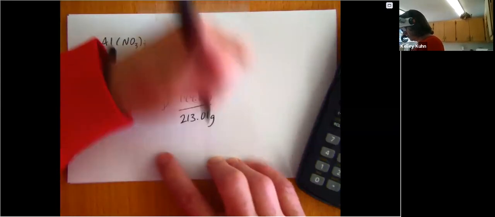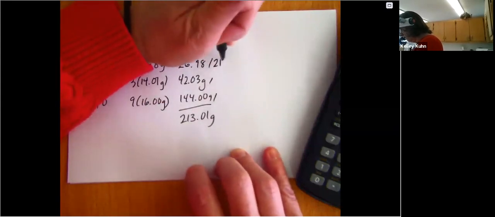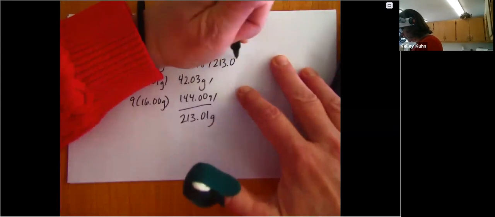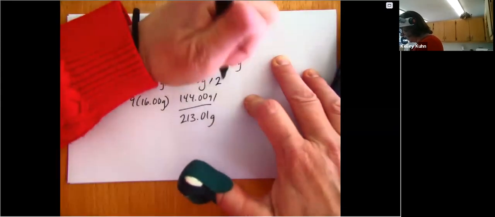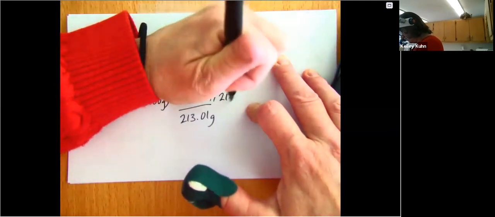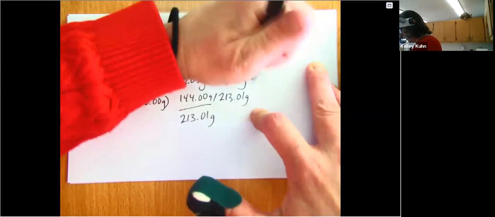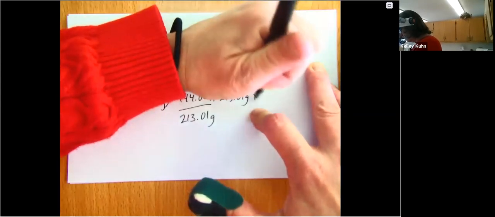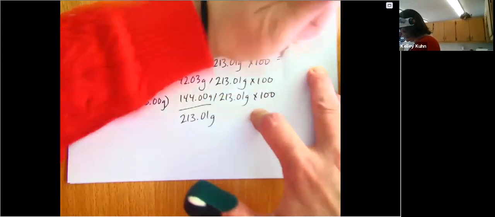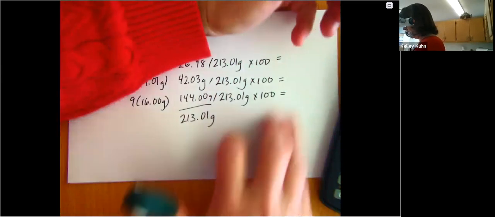213.01 grams. Now I'm simply just going to divide each of my individual elements' totals by that overall molar mass of 213.01. And then to make it a percent, I'll multiply by 100. And what you should have gotten, give or take, you may have kept 3 after the decimal, so that may have given you a slightly different number.